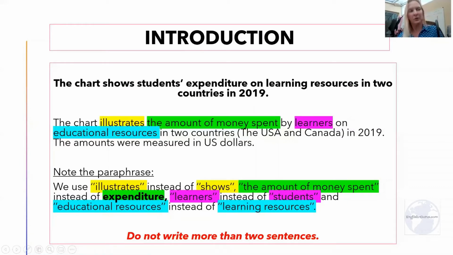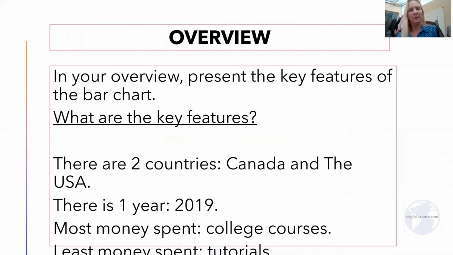The main difference is that I've added information about the countries, the USA and Canada, and the year, because you want to give the reader all the facts, all the information: the place, the year, the currency, or the units that were measured. So in that intro, you're providing all the information in a very condensed form, and it is a paraphrase of the opening statement.